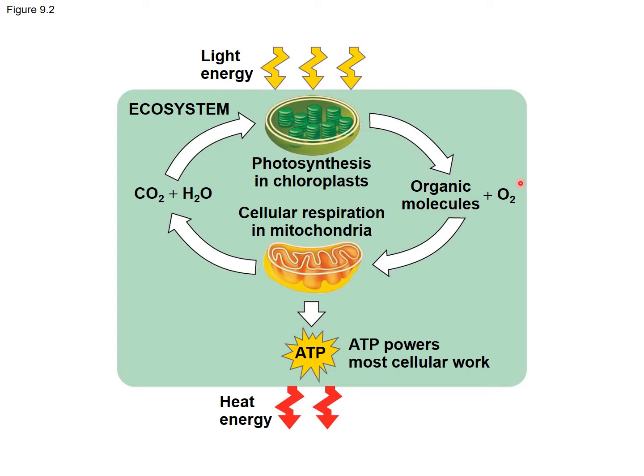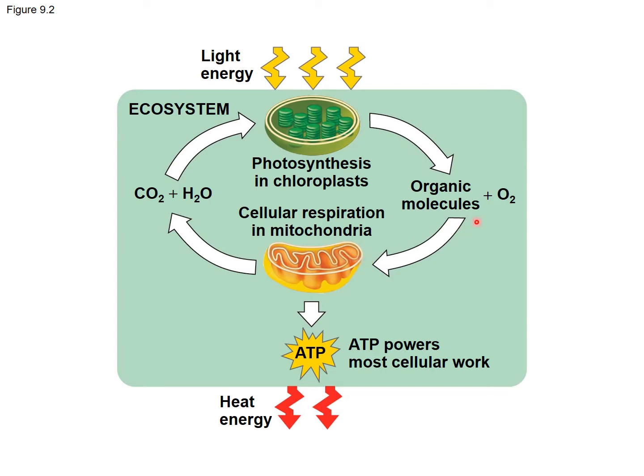Now, this oxygen that's released into the atmosphere is used by those organisms that need oxygen, right? So the oxygen is taken in by, let's say, animals that have mitochondria. Well, plants also have mitochondria, so they can undergo cellular respiration. However, animals really kind of depend on that for extracting energy out of the food that they eat.